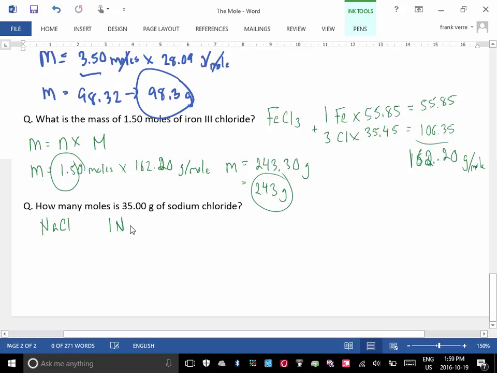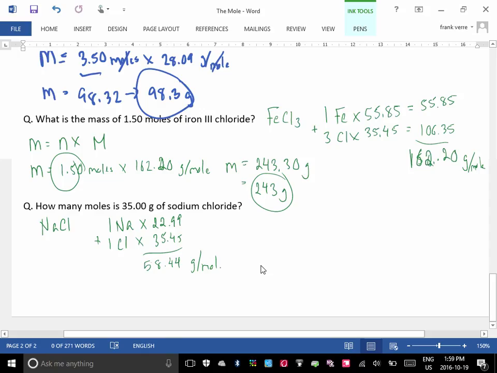That's one sodium atom with a mass of 22.99, I believe, with one chlorine atom with a mass of 35.45. So that should add up to 58.44. Is that right? Okay. 58.44 grams per mole. That's your big M.